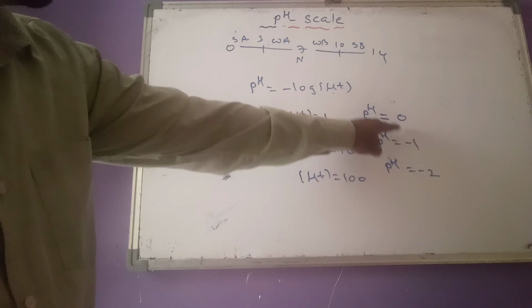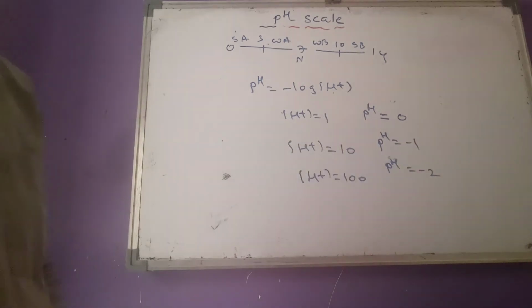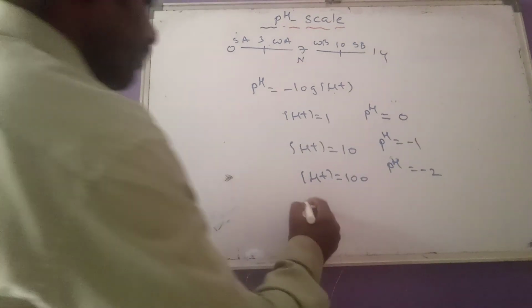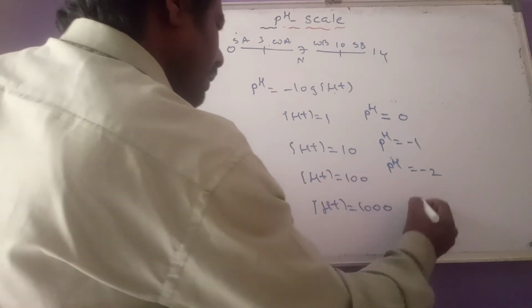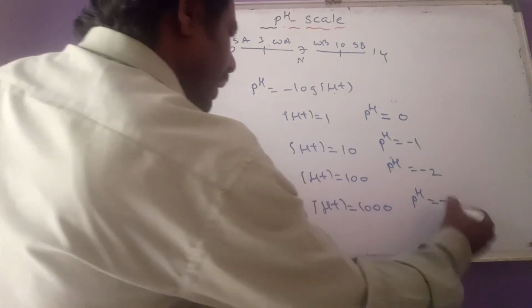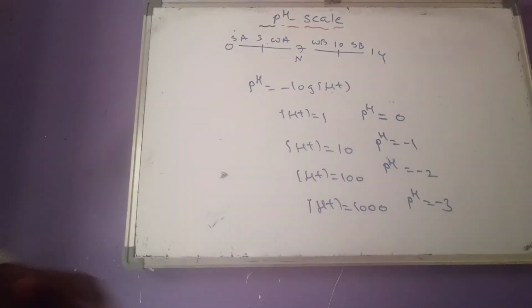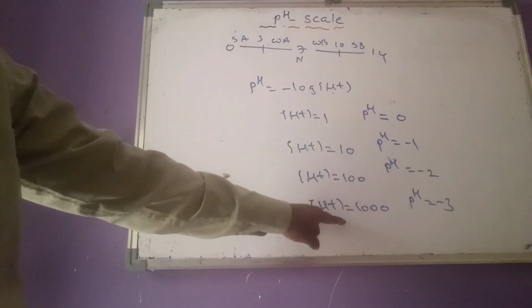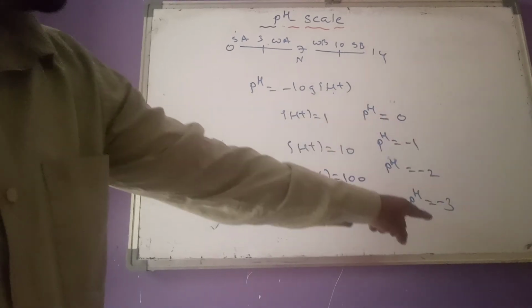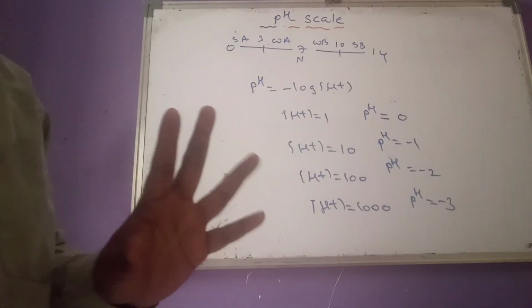That means pH decreases by 2 units. Similarly, if H plus concentration is 1000, pH value is minus 3. Compare the first and third one. If H plus concentration increases by 1000 times, pH value decreases by 3 units.